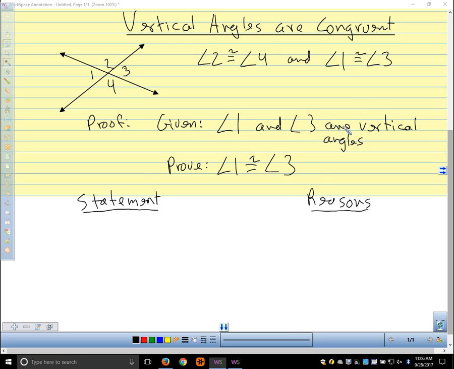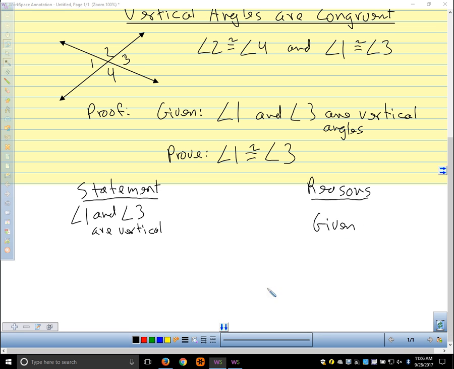All right, so I'm going to start with my given. Angle 1 and angle 3 are vertical. So that's given. And I'm going to write down exactly what we just said. Measure of angle 1 plus the measure of angle 2 equals 180.